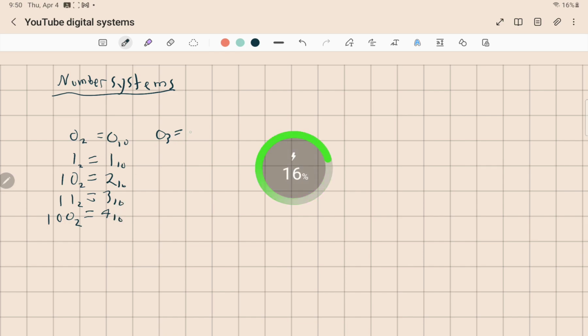Zero in base 3 is 0. 1 in base 3 equals 1. 2 in base 3 equals 2. 3, so there's no 3, because in the base that you're in, you're not going to have a number that's equal to that or larger.